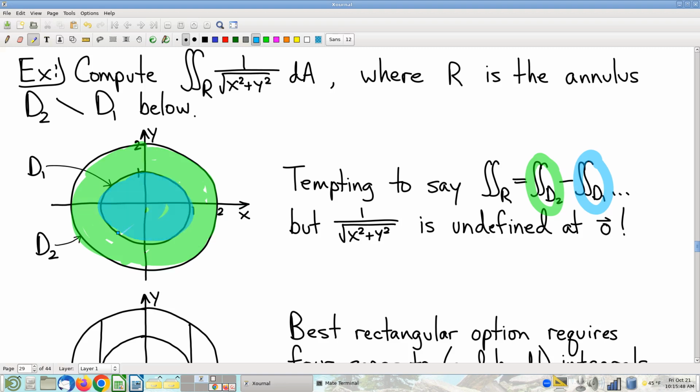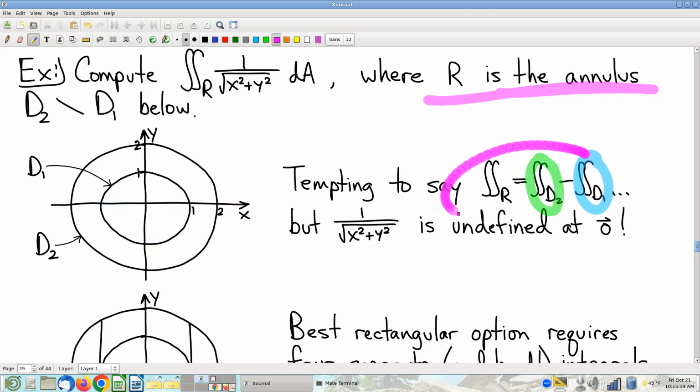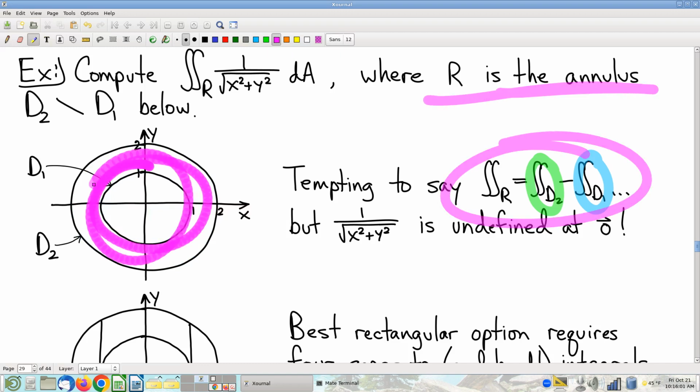If you were to take the whole thing minus the part in the middle, then surely that would leave you with what we're actually interested in here, the annulus. That difference. Seems like an attractive approach because each one of those disks seems like a nicer domain.